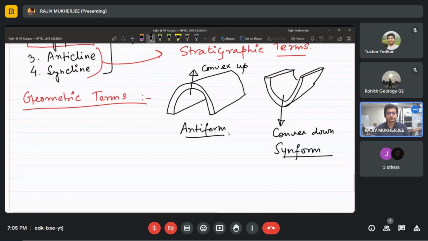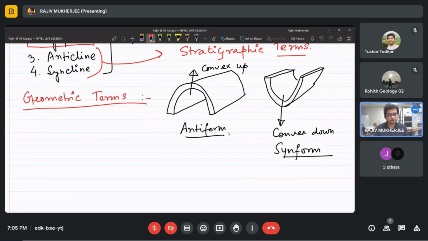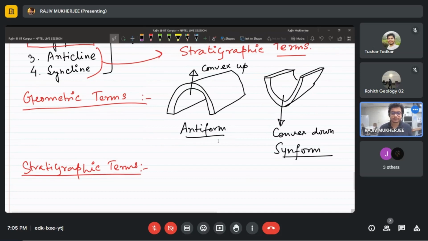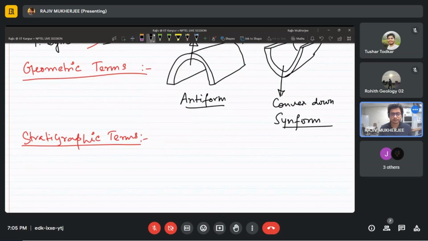Now, coming to stratigraphic terms. So, if it is like that, no, let us not draw like this.